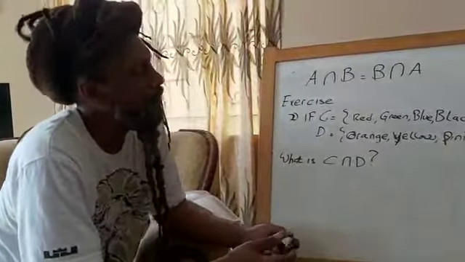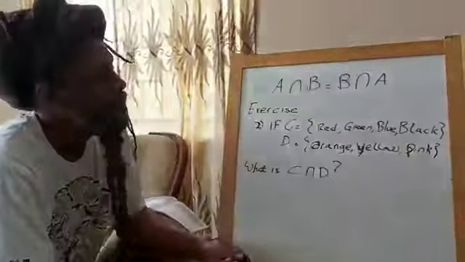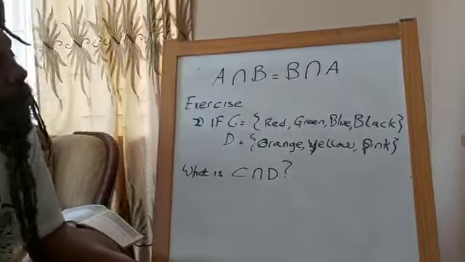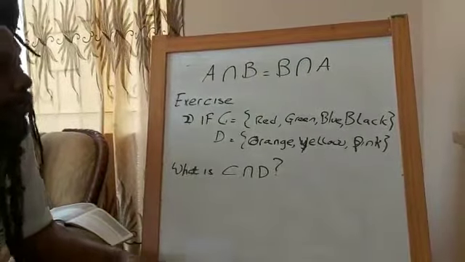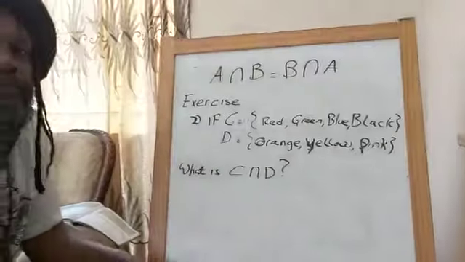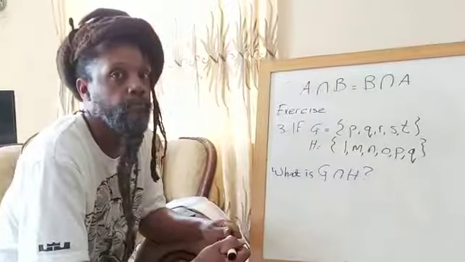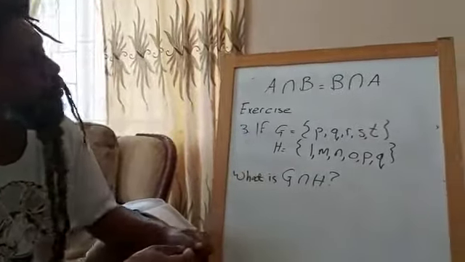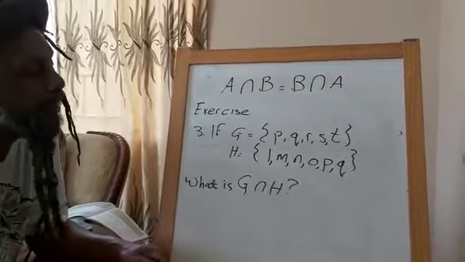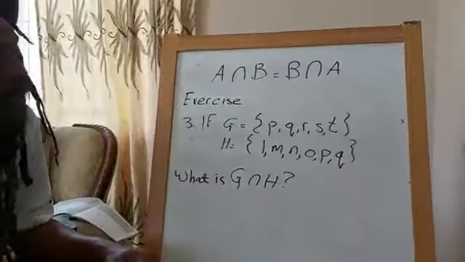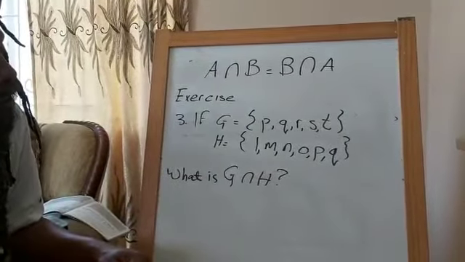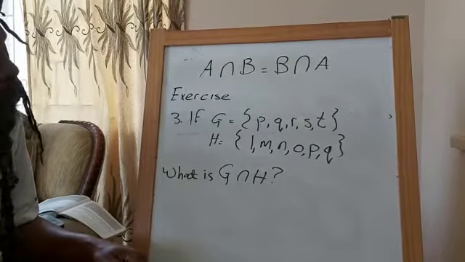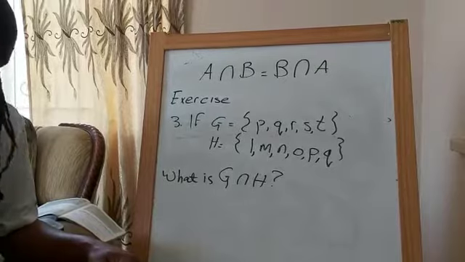Number 2, if C is equal to red, green, blue, black, and D is equal to orange, yellow, and pink, what is C intersect D? Alright, so question number 3, if G is equal to P, Q, R, S, T, and set H has as members L, M, N, O, P, Q. What is G intersect H?